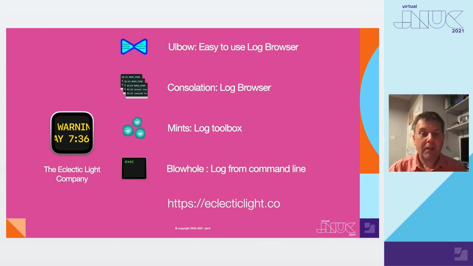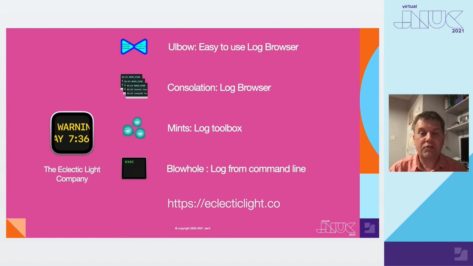Okay. And then finally, there are some useful third-party tools out there. The great folks at Electric Light Company have some really good third-party apps that have been written to use unified logging. There's one called Ulbow, which is basically a dumbed-down, simple, easy-to-use log browser.